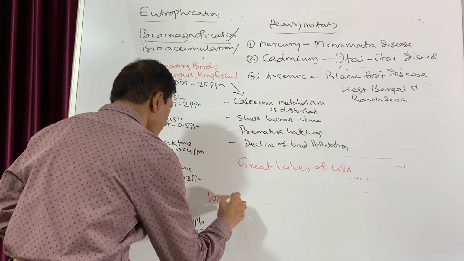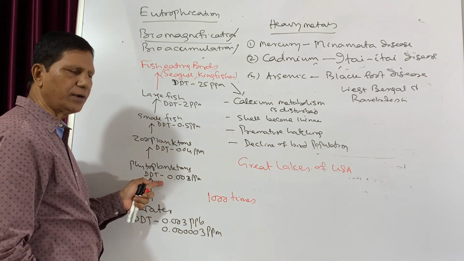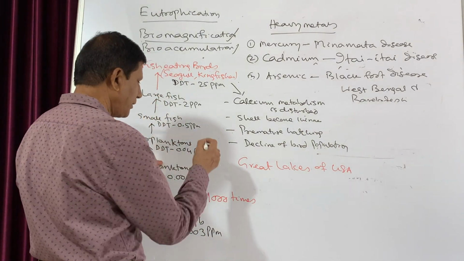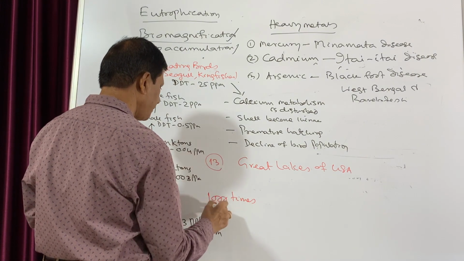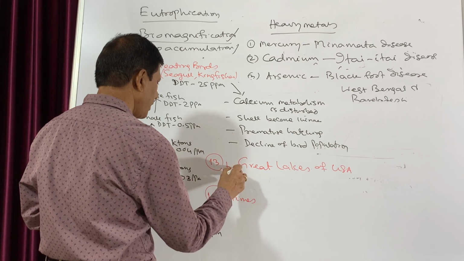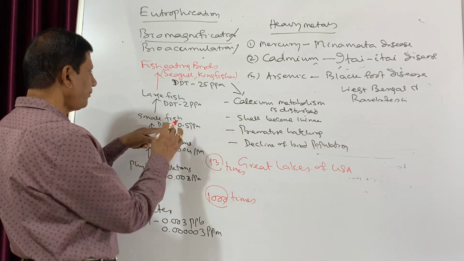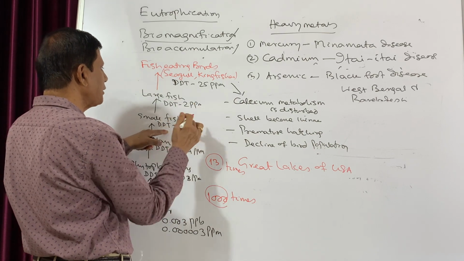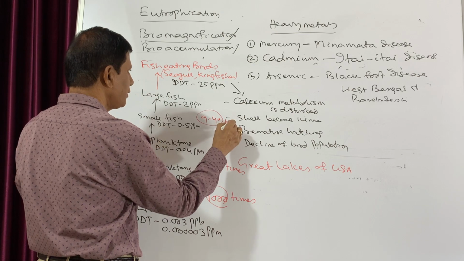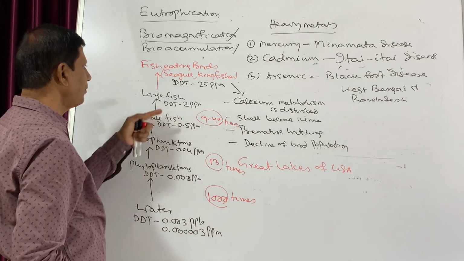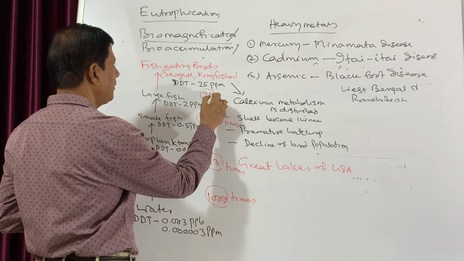1,000 times in the phytoplankton. From the phytoplankton to the zooplankton it increases 13 times, and from the zooplankton through small fish and large fish around 9 to 40 times, and from the large fish to the birds usually 25 times.